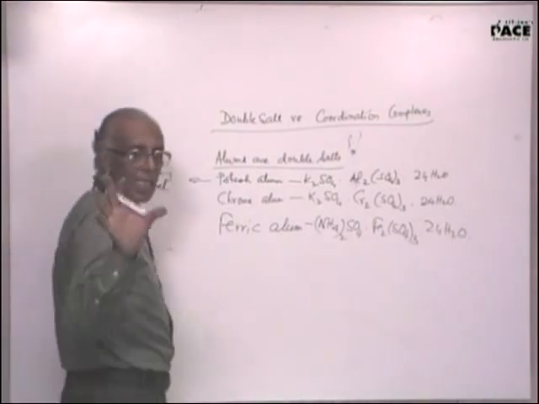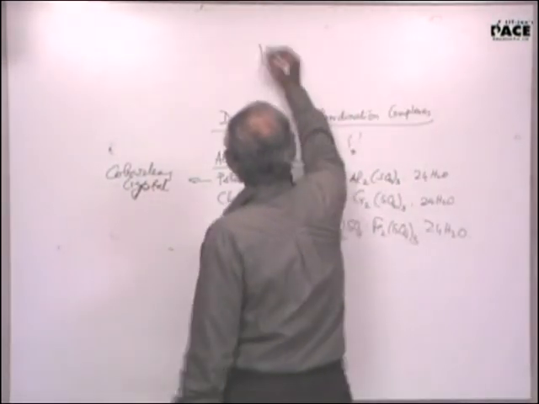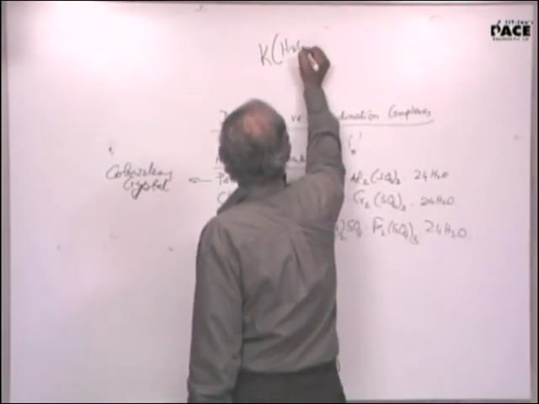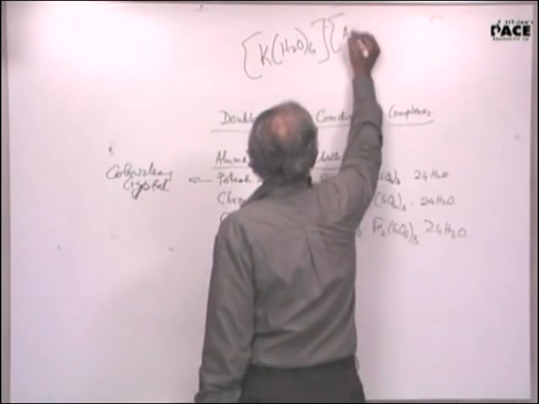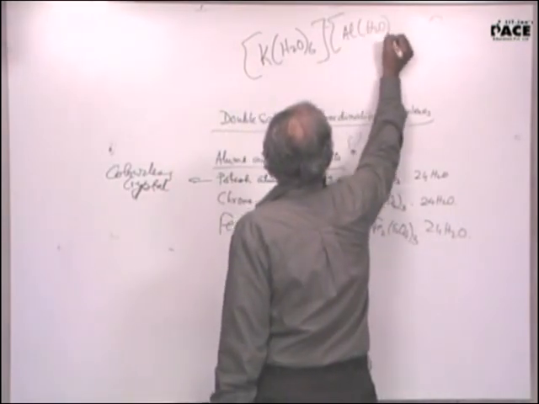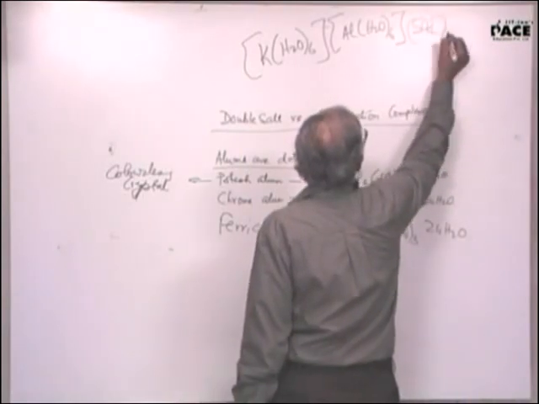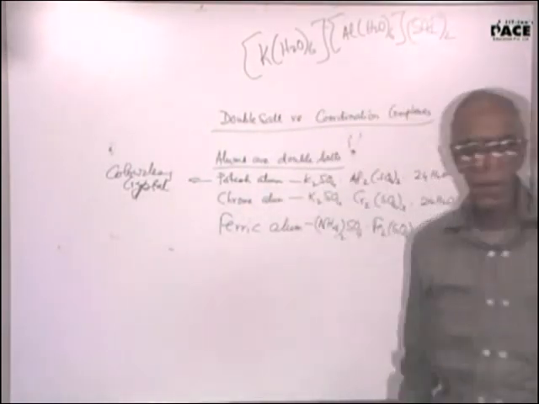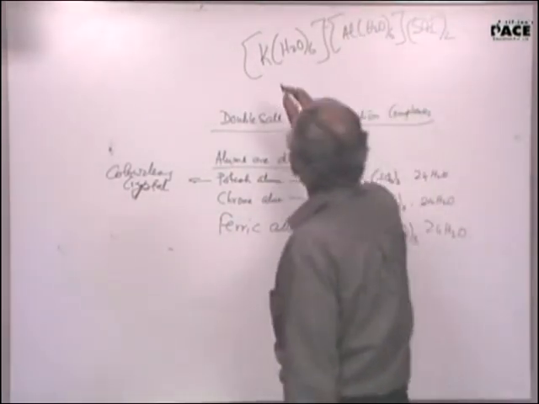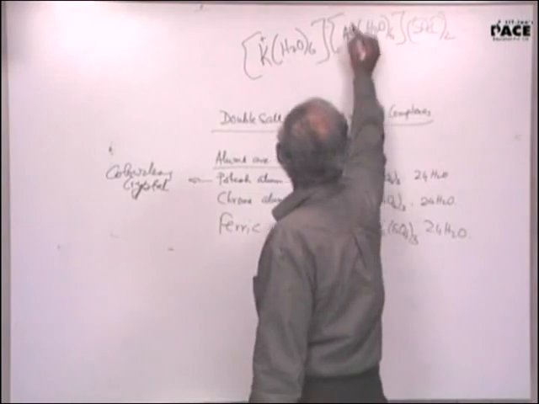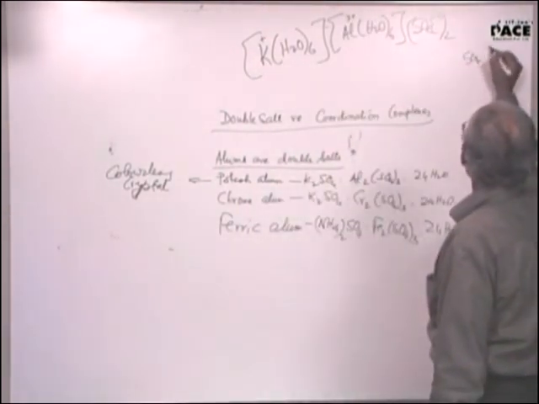Potash alum is a colorless crystal. Potassium is 1 plus, aluminum is 3 plus, sulfate is 2 minus.